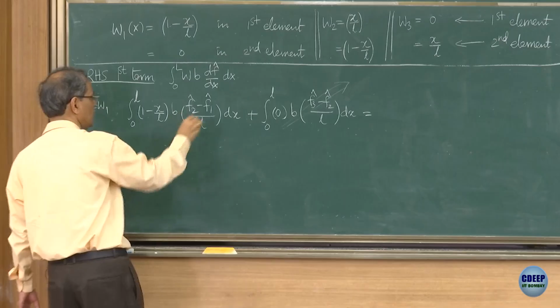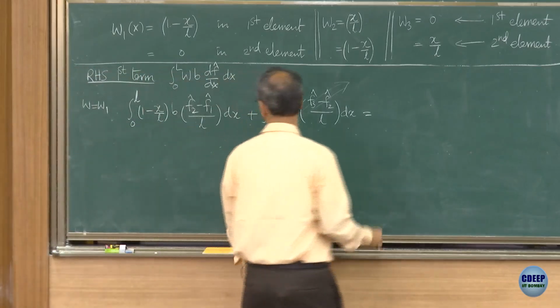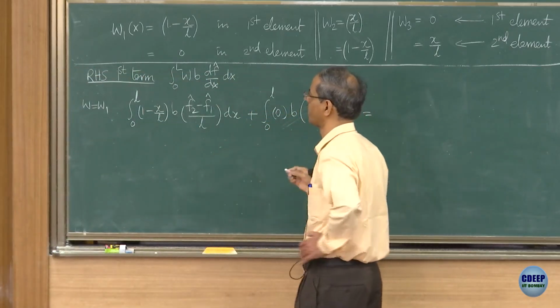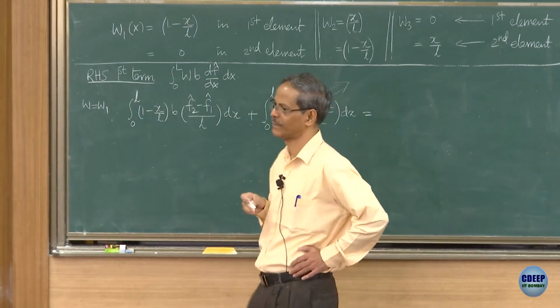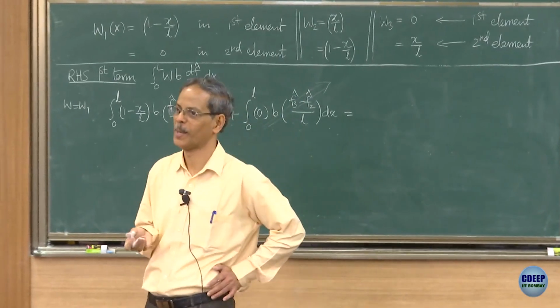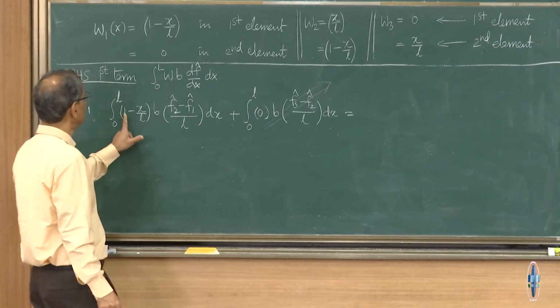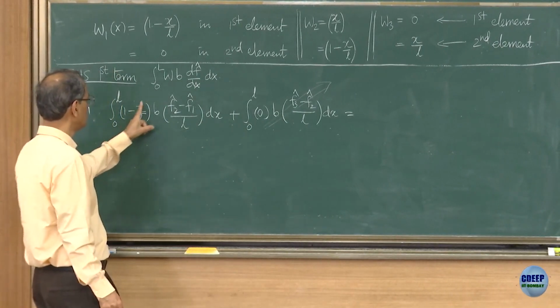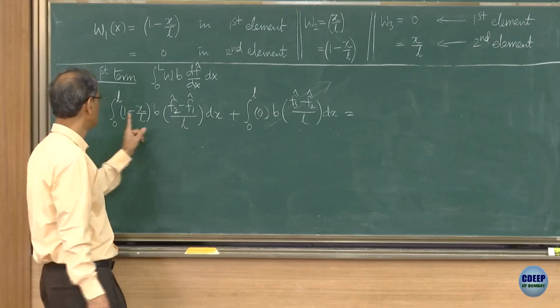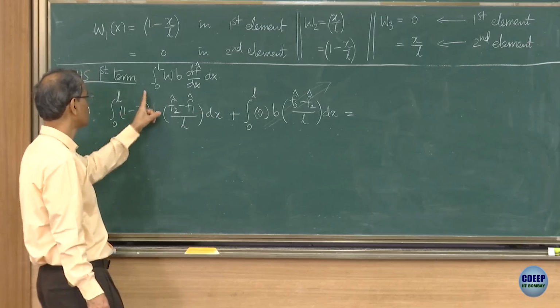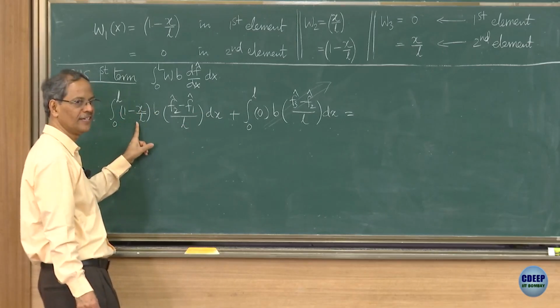Integral of 1 minus x by L dx will be how much? Just do it. B into integral 1 minus x by L dx. So this becomes x, this becomes x squared by 2, right?